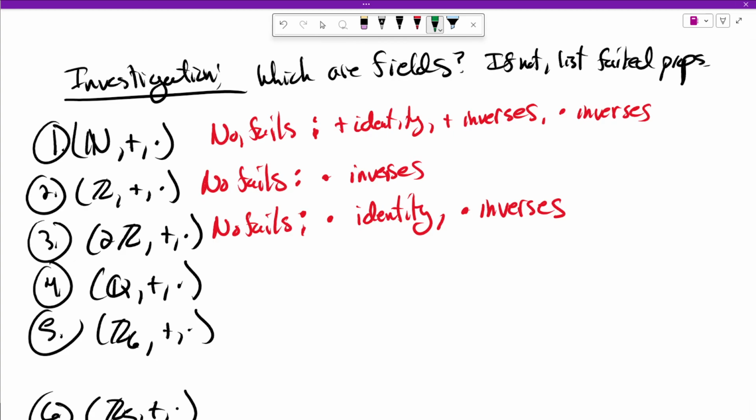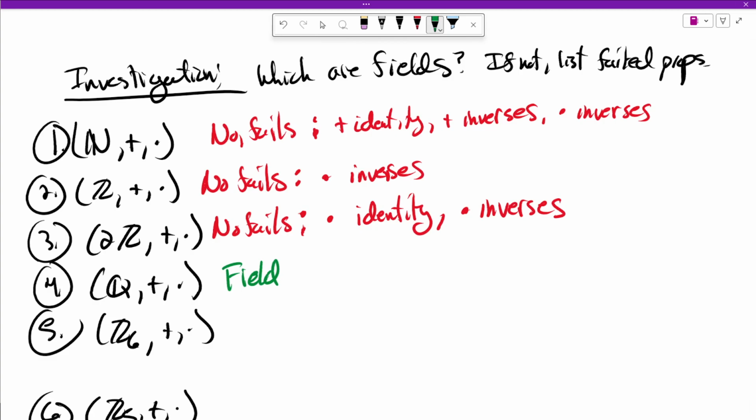Is the multiplication associative? Yeah. Is it commutative? Yeah. Is there an identity? Yeah, it's 1. Can you divide by non-zero elements? Yeah, you can take the reciprocal fraction if your fraction is non-zero. So this is a field. And then, of course, there's a distributive property as well. Great.